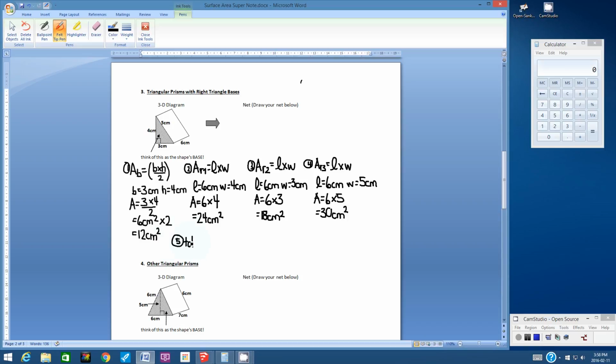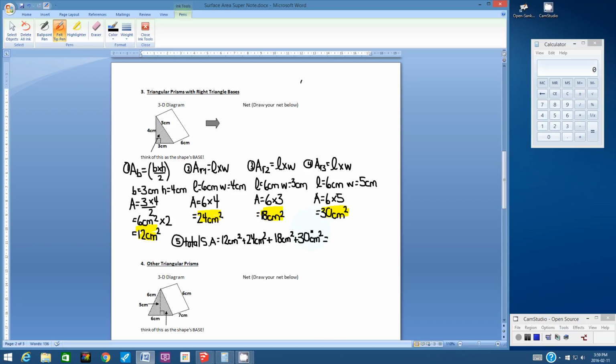Total surface area equals, so let's take our areas for all of our individual shapes. So we had 12 centimeters squared, 24 centimeters squared, 18 centimeters squared, and 30. It's just nice to highlight them so that I can pay attention to them. All right, so we have 12 centimeters squared plus 24 centimeters squared plus 18 centimeters squared plus 30 centimeters squared.